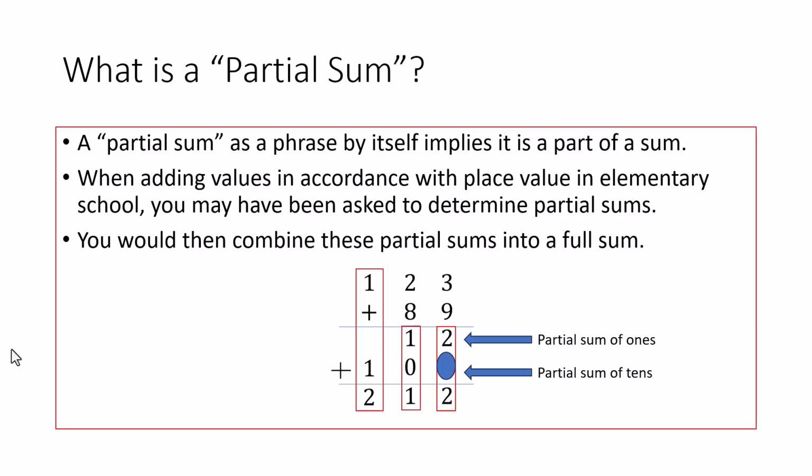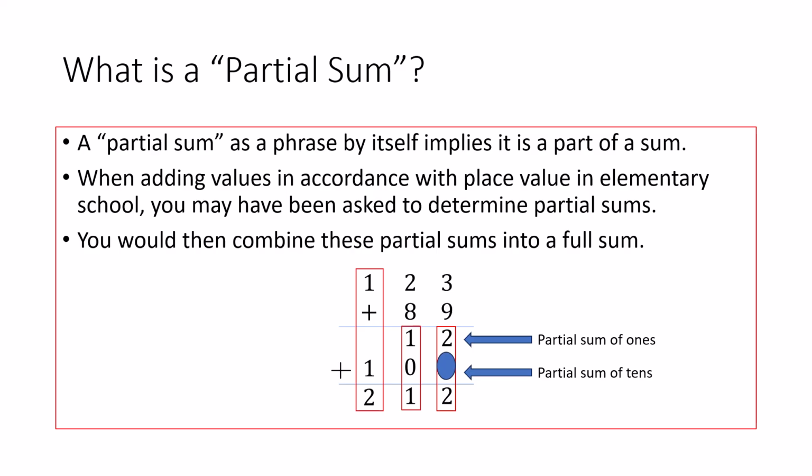When I add the 12 vertically with the 10 that I've staggered, I have 2 plus a blank, which is just 2. We have 1 plus 0, which is 1. And then in the last column with the hundreds, I take that 1 in the original number, 123, and I add it to the one that carried over from adding 2 and 8 together, and I add those together and I get 2.